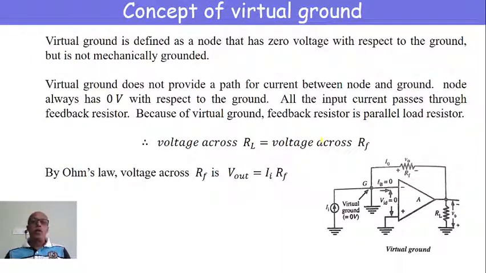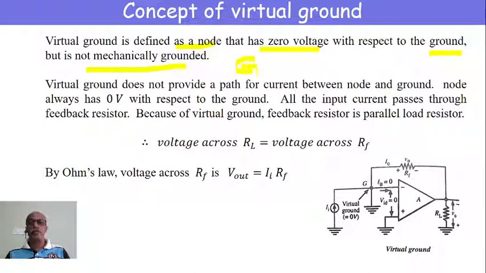Coming to the concept of virtual ground. Virtual ground is nothing but a node which has zero voltage with reference to the ground, but it is not mechanically grounded. In the circuit diagram given below, G represents one such point.